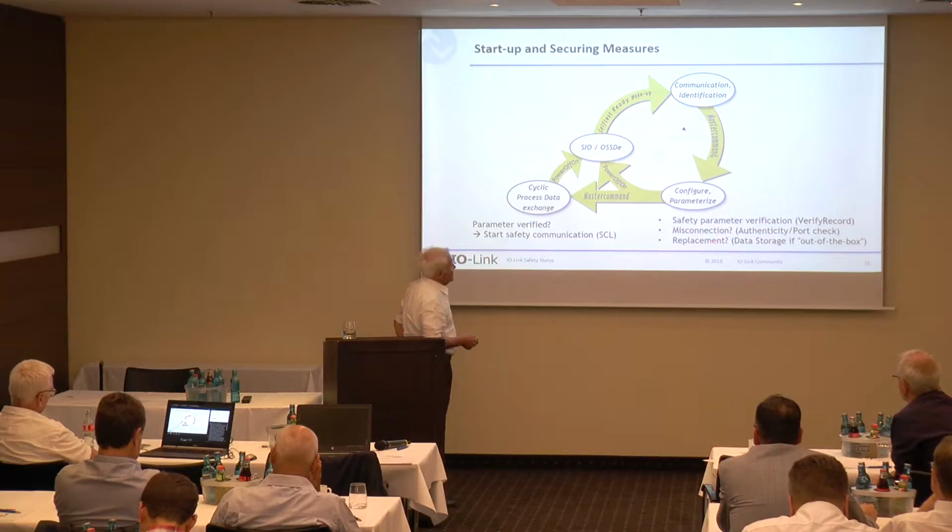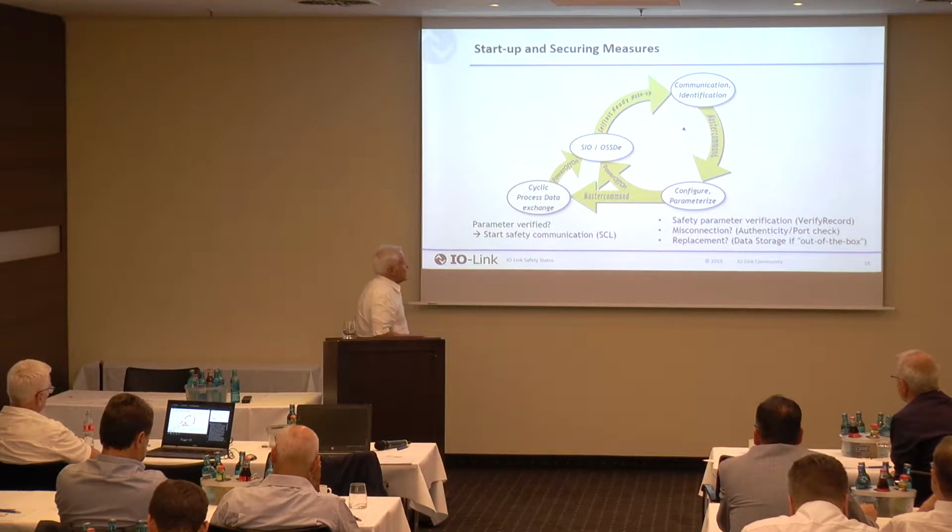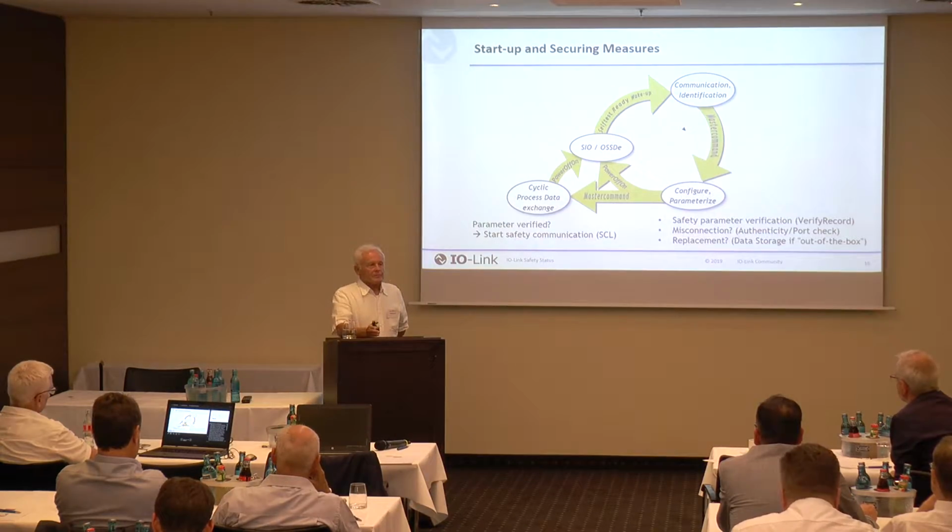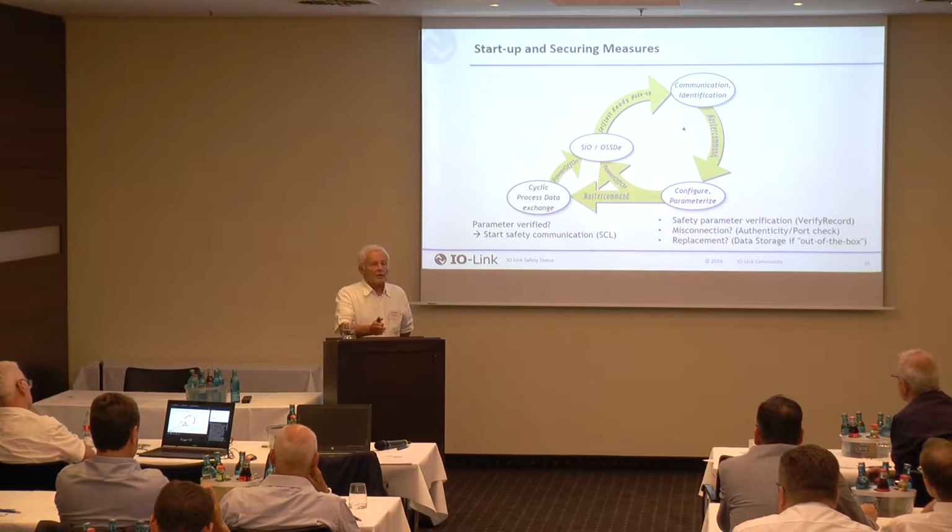And if we have certain conditions in this area here in authenticity, then we can start a replacement. So we only can use out-of-the-box devices for replacement. They are not allowed to have authenticity parameters.